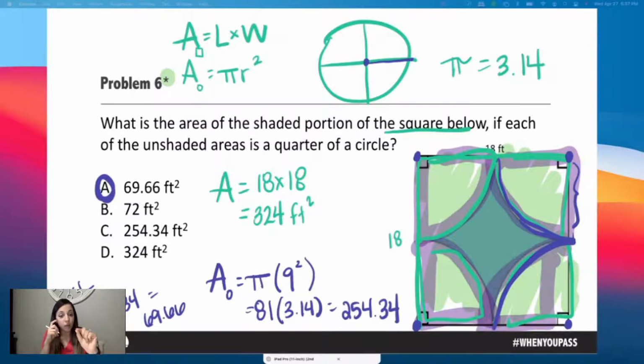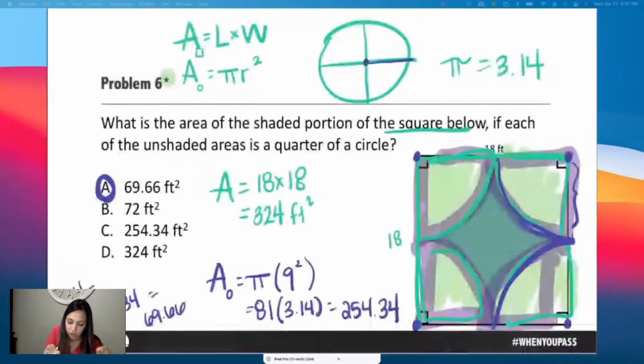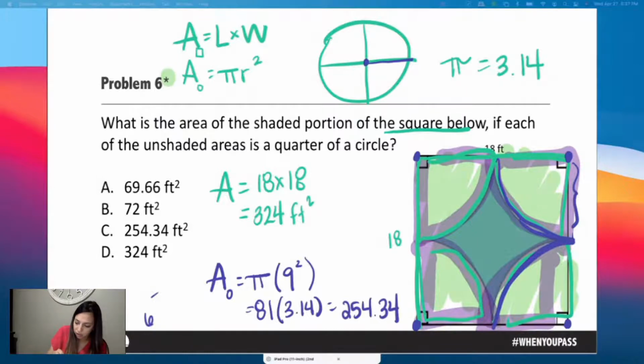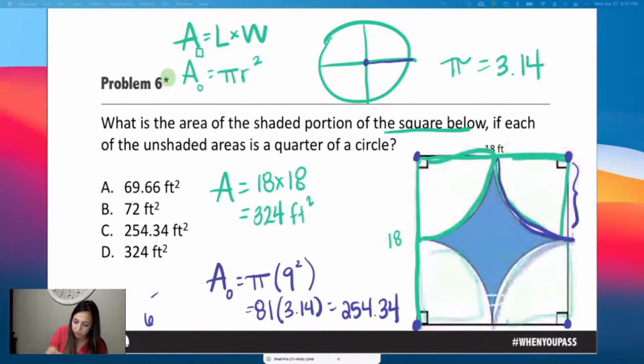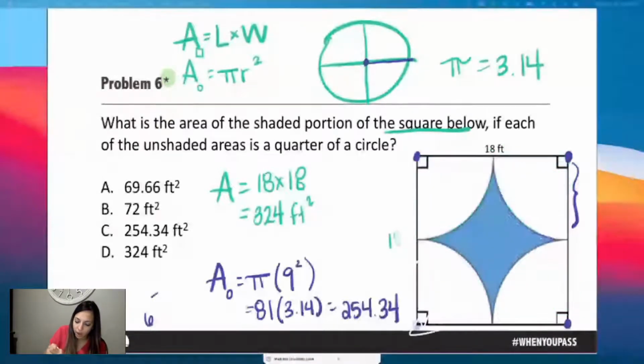Now, here's what I want you to think about. I'm going to copy this problem and paste it because I want to show you a variation of this problem. Okay, erase all of that. Now, what if the problem looked like this?